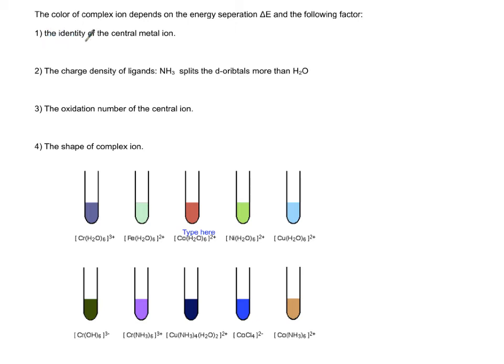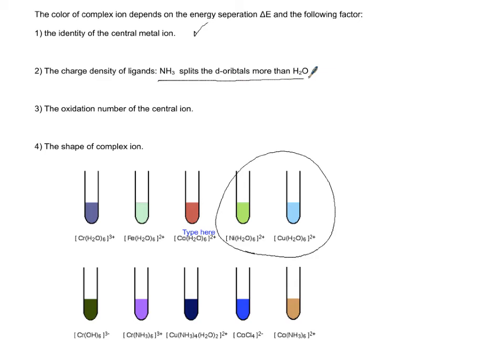The first one is the identity of the central element. Look at nickel surrounded by H2O ligands and copper. They are both 2+, so copper and nickel have 2 different colors. One is blue, one is green. The ligand identity is also important.